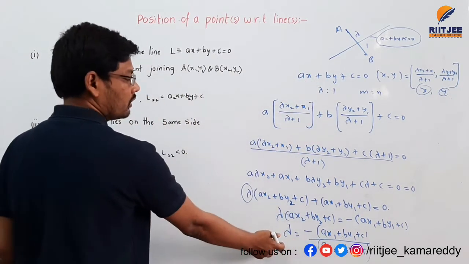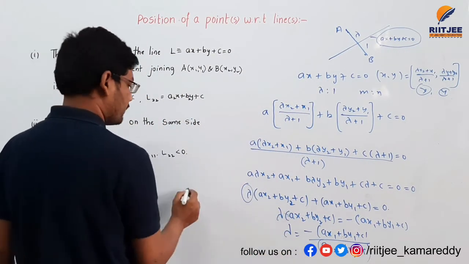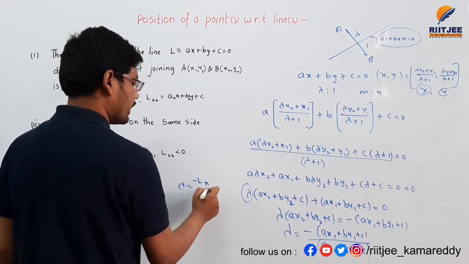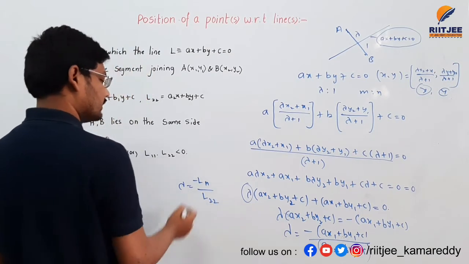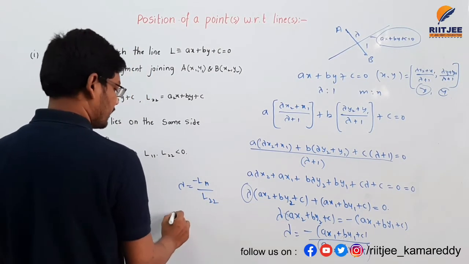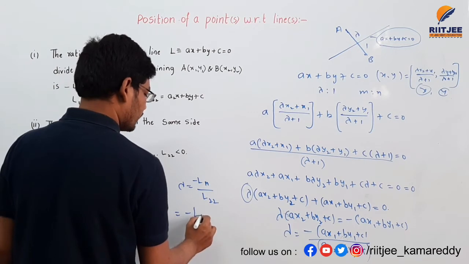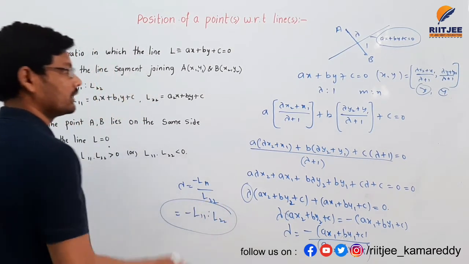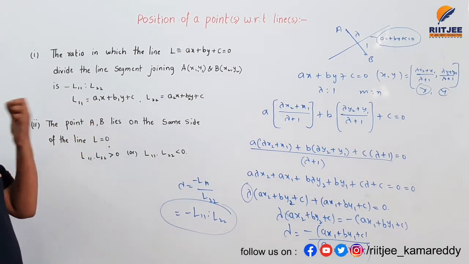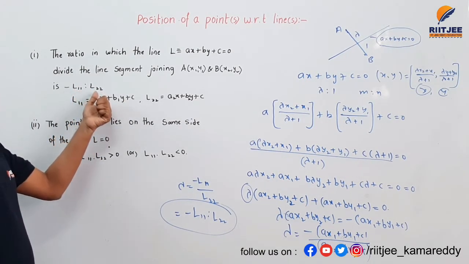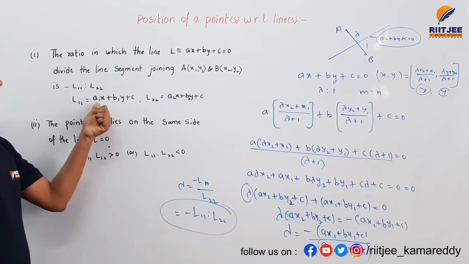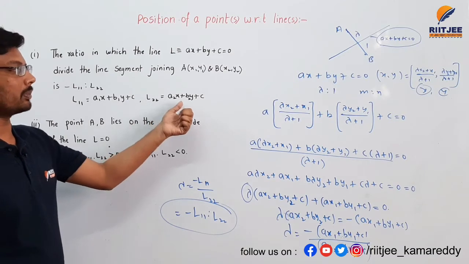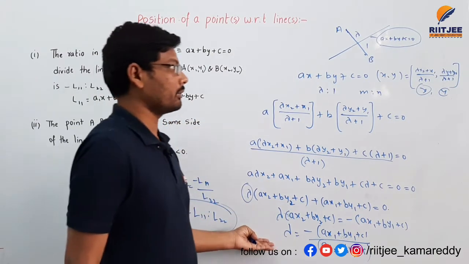If you substitute the values, lambda is equal to minus of L11 by L22. Then the ratio will become minus of L11 is to L22. This is the proof. L11 is nothing but a1x + b1y + c, and L22 is a2x + b2y + c. Here we are getting the same.